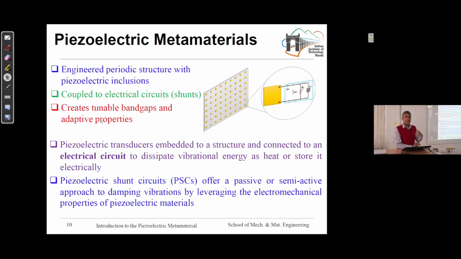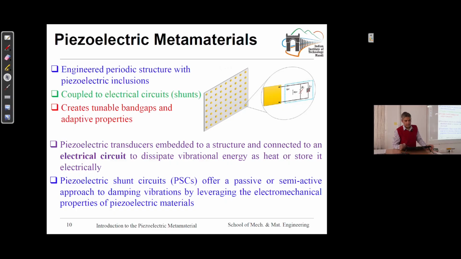Of course, we can change the stiffness, right? So we can change stiffness or other piezoelectric coefficients, right? So piezoelectric transducers are embedded in the structure and connected to an electrical circuit to dissipate vibrational energy as heat or store it electrically, right? I think you would also be aware of this energy harvesting.